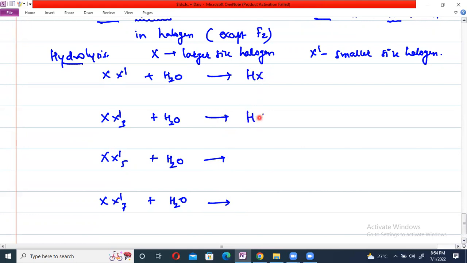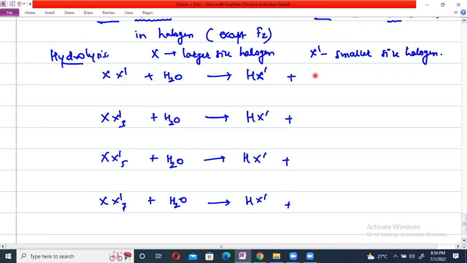But in this hydrogen halide, the halogen which is coming is from the smaller size halogen, X'. And there are other byproducts here. If it is an XX', it will form the salt called a hypohalite.